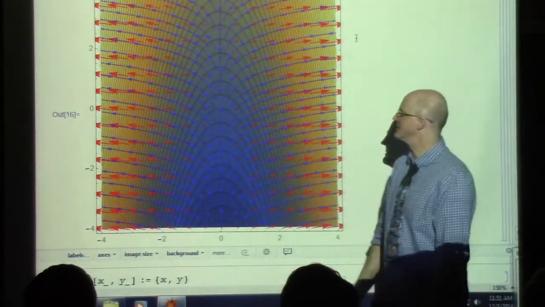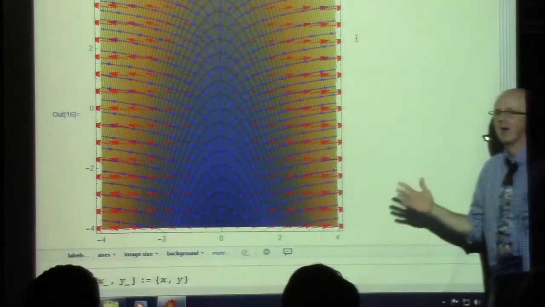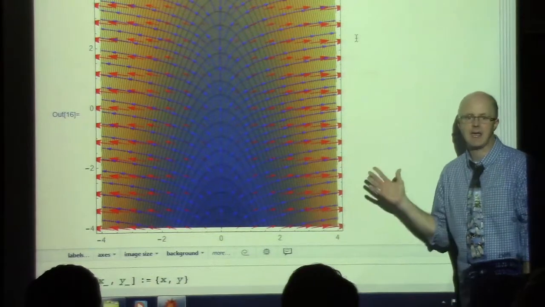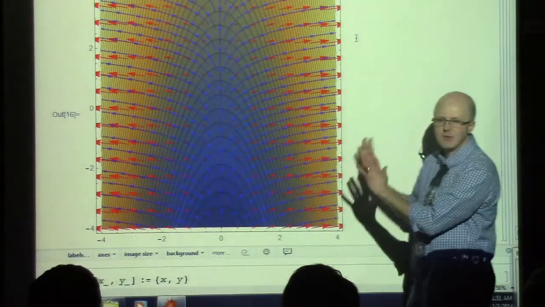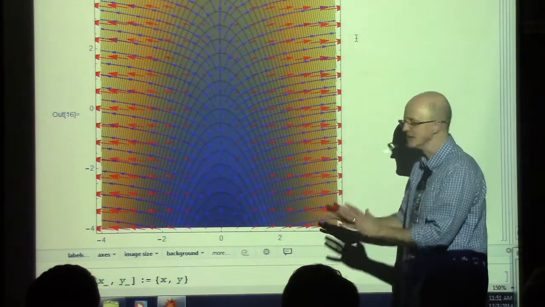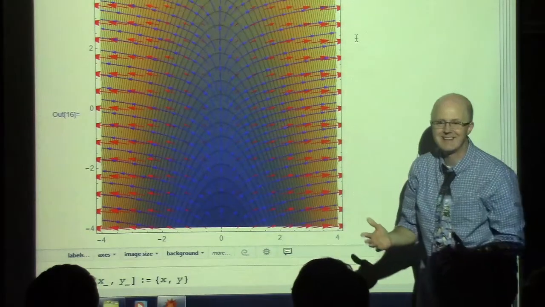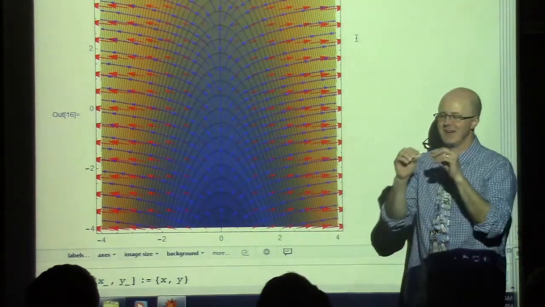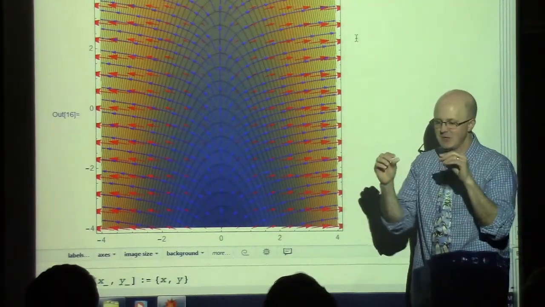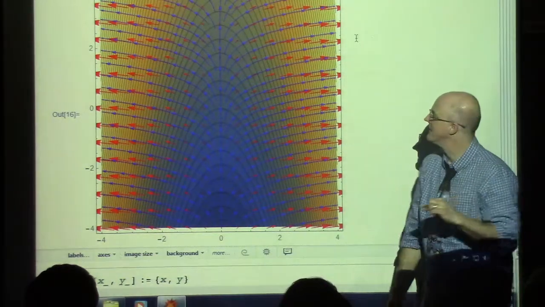Don't think of them as vectors, think of them as streamlines, think of them as paths that water molecules would take, if the vector field was a velocity vector field for the water molecules. Imagine this is a thin sheet of water now. Not metal, but a thin sheet of water, a thin fluid. How could you do that? You could put two metal plates close together and have the water go in between them.